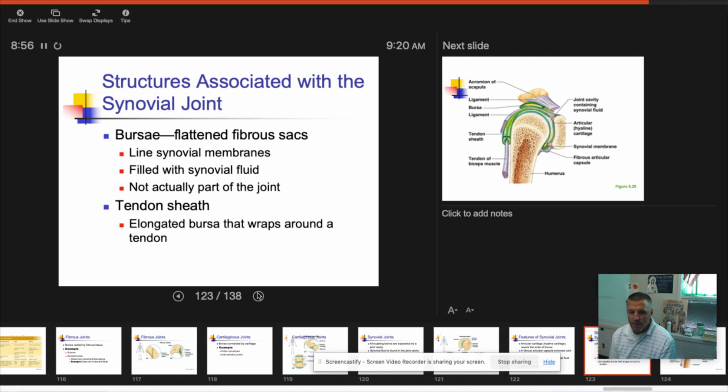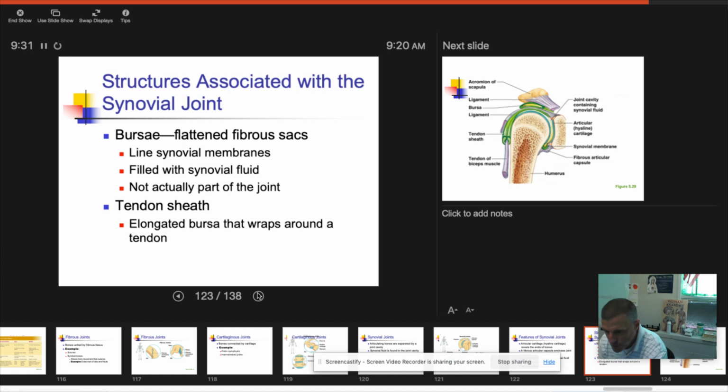That kind of fluid-filled bursa is meant to reduce the friction in the joints. You can imagine if you just had a dry tendon stretched over a bone that was getting bent over and over again, it could irritate and wear out pretty quickly. Instead, there's this kind of lining, the bursa, that's meant to reduce some of that friction.